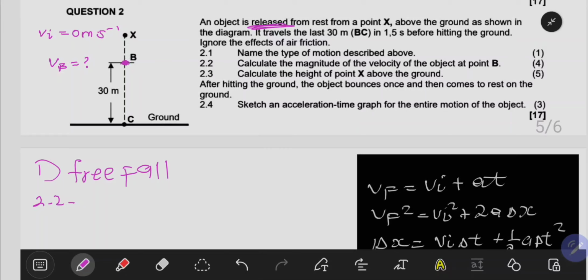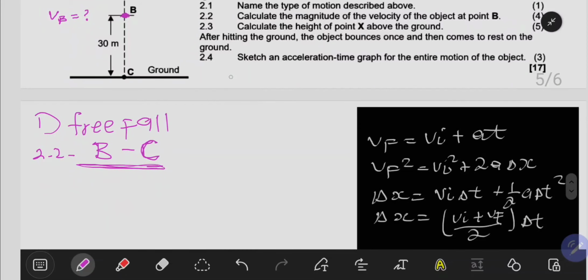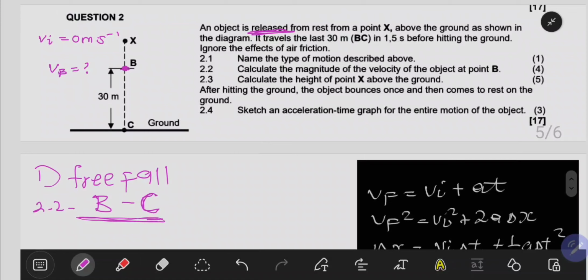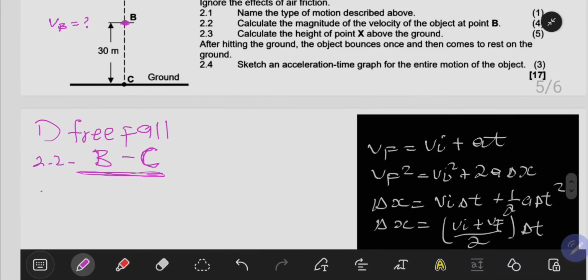But we can consider the path from B to C. From B to C, all right. If we check this path of B to C, our initial velocity, which is at B, because the ball now is dropping, going down, our V initial, which is the velocity at B, we don't know.